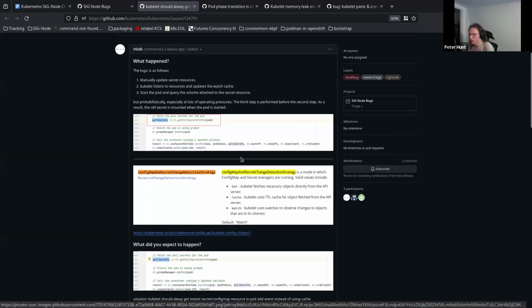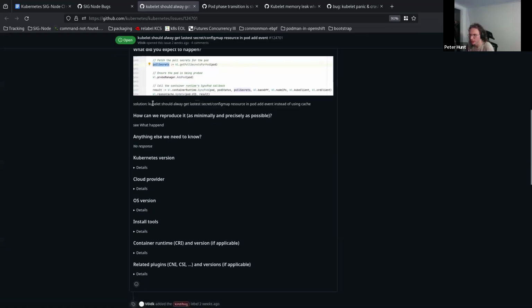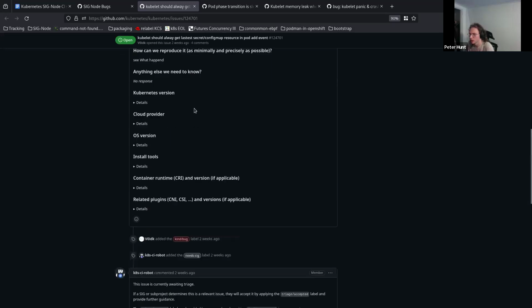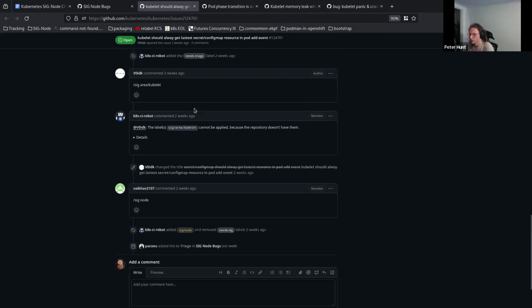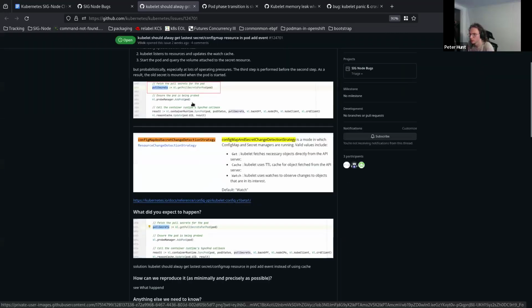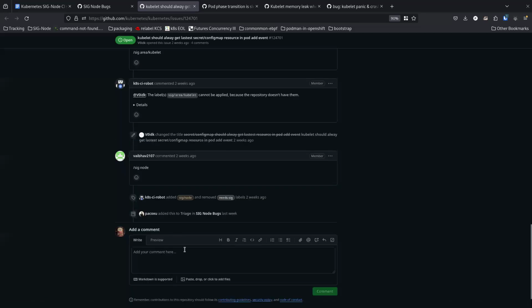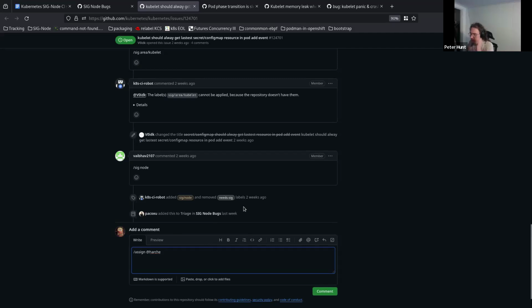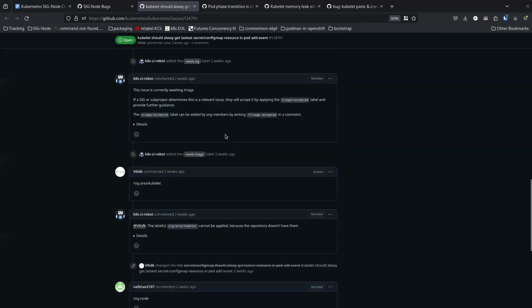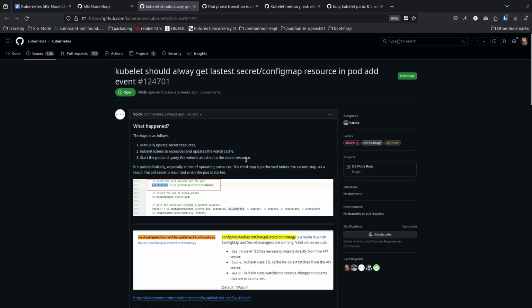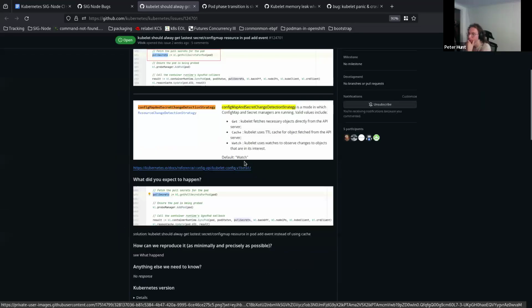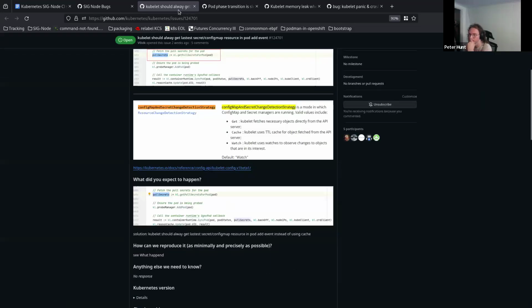Looks like two different parts of the kubelet are racing against each other. Interesting. Does anyone want to look at this or try to reproduce this? Yeah, Peter, you can assign it to me. I'm looking at a similar bug where the user creates the service account and sometimes they don't end up with the latest secrets. They sound similar. Cool, nice. Thank you.